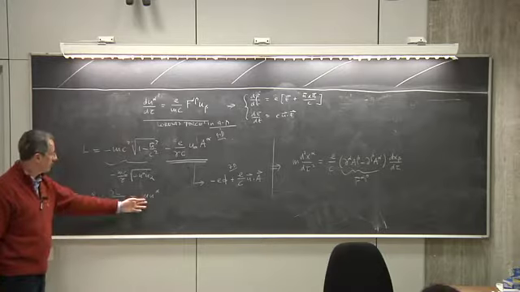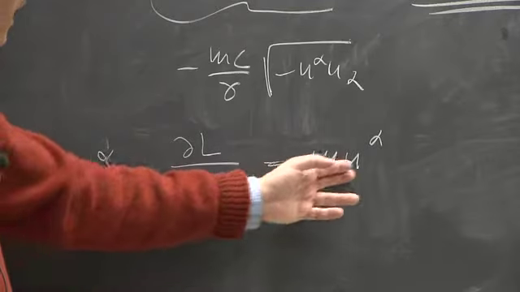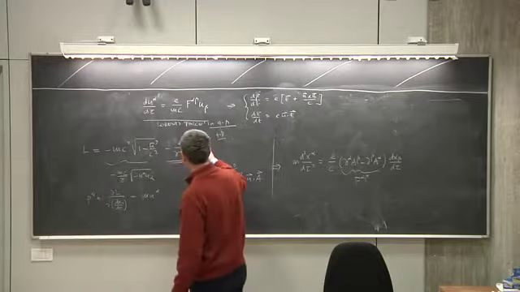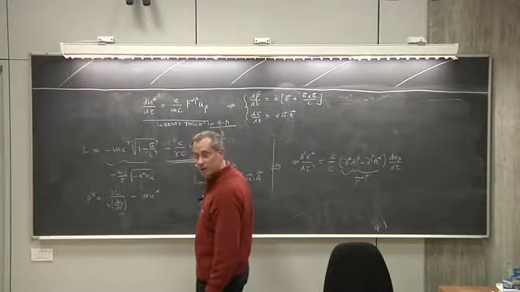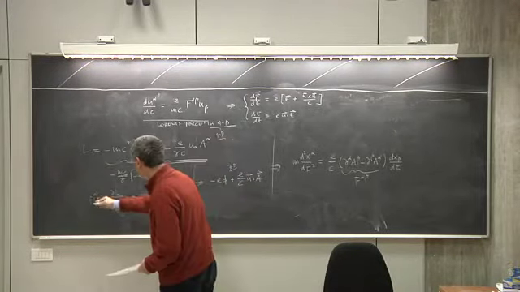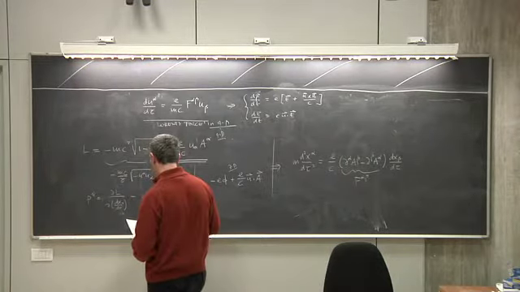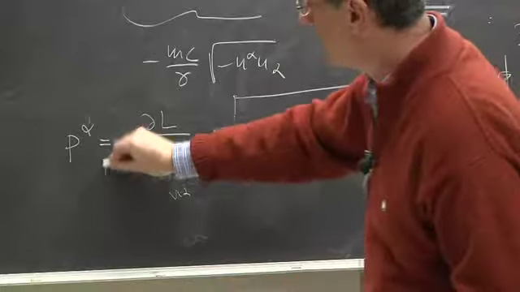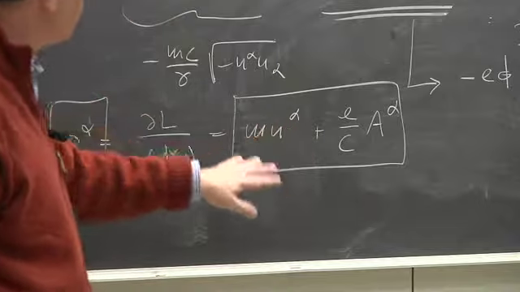This is the usual 4-momentum that comes from the 4-velocity, you just multiply by the mass. But you have a u alpha also here, so you get an extra term. So the momentum is not just the mass multiplied by the velocity of the particle. You get an extra e over c A alpha. So this is a situation in which the conjugate momentum is more complicated.